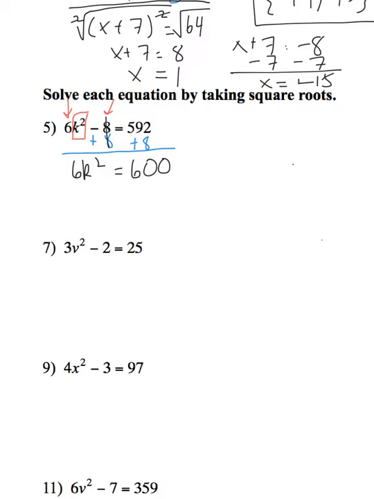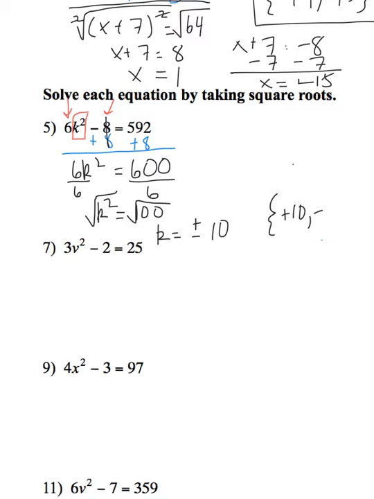The inverse of multiplication is division, so we divide by 6. And we're left with k squared equals 100. If we take the square root of both sides of the equation, k will equal plus 10 and minus 10. Or if you write it in set notation, positive 10 and negative 10.